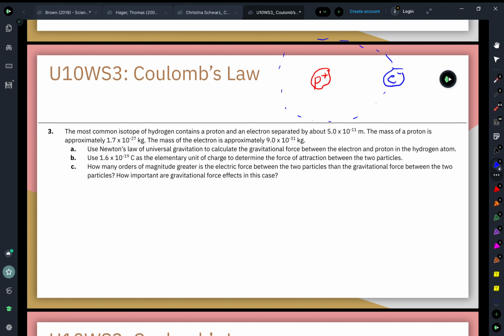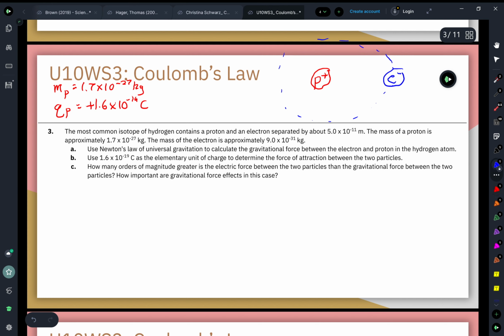For this problem, we are told a mass of our proton, which is 1.7 times 10 to the negative 27th power kilograms. We're also told our charge of our proton, or any of these elementary units of charge, is going to be 1.6 times 10 to the negative 19th power coulombs. And then because it's a proton, it is positive.